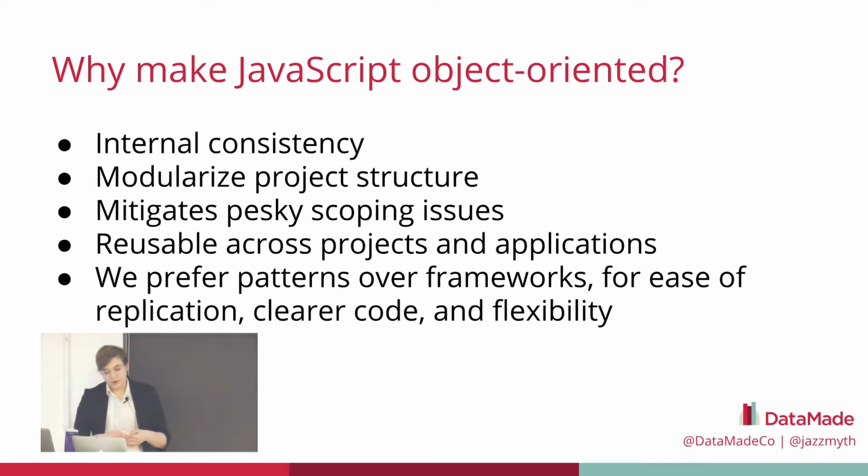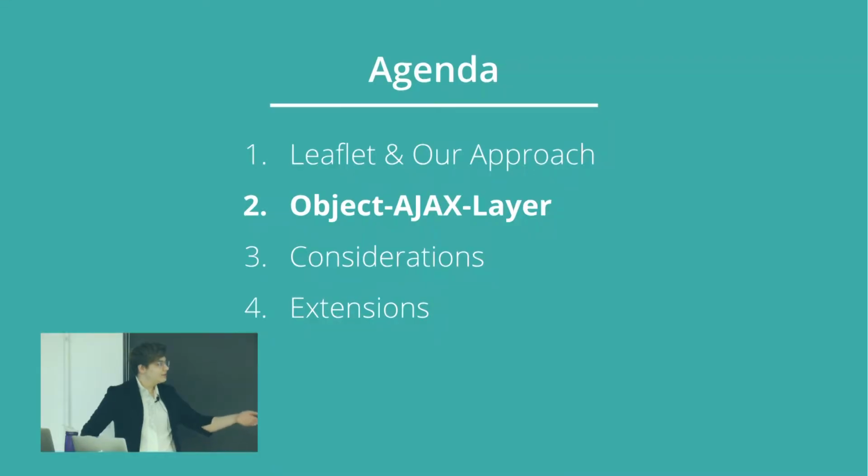And as I said earlier, we prefer patterns over frameworks. We use mostly vanilla JavaScript, and we don't use anything like React, at least not yet. So object, AJAX, layer, which has been reversed from what was previously AJAX, object, layer.